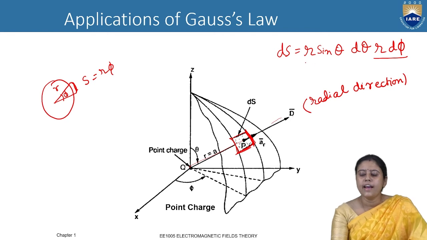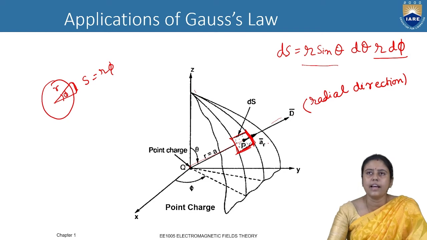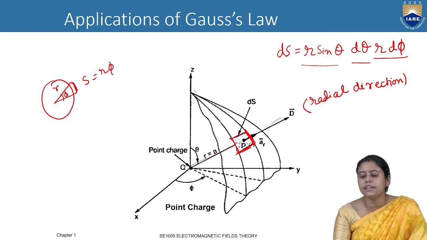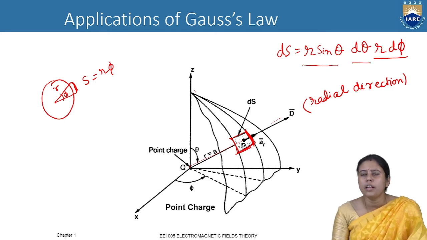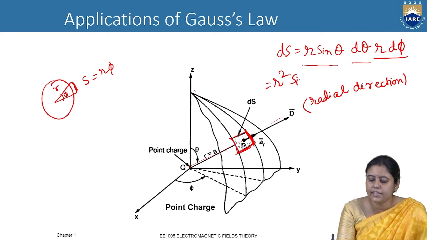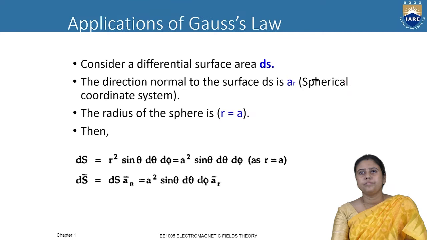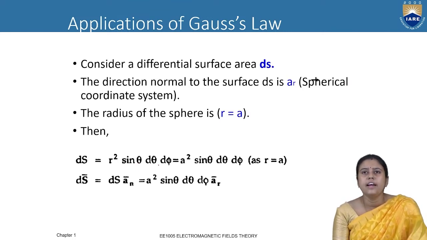What is the height? Height is r sin theta, because this value is r sin theta. So r sin theta d theta. So what is the cross sectional area of this small chunk? The small chunk area is r sin theta times r d theta d phi, so ds is equal to r square sin theta d theta d phi.